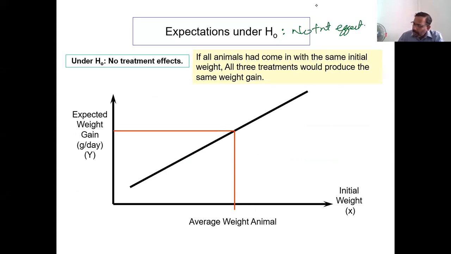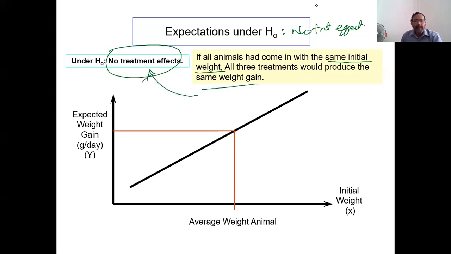So you see, it is already there, no treatment effect. That is under the null hypothesis, right? If all the animals had come in the initial stage with the same initial weight, normally that is not happening. If they would have come with the same initial weight, all 3 treatments would produce the same weight gain. So that is what we say, there's no treatment effect.